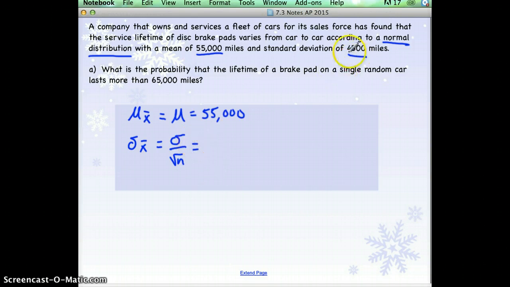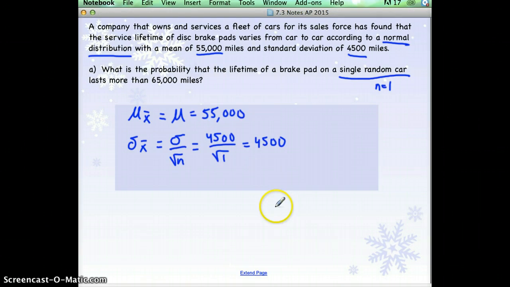The population standard deviation is 4,500. And what's our sample size? Well, it says, what is the probability that the lifetime of a brake pad on a single random car? Well, one car, that's your sample, 1. So I'm going to put a 1 in for n. So that means that our standard deviation is 4,500.